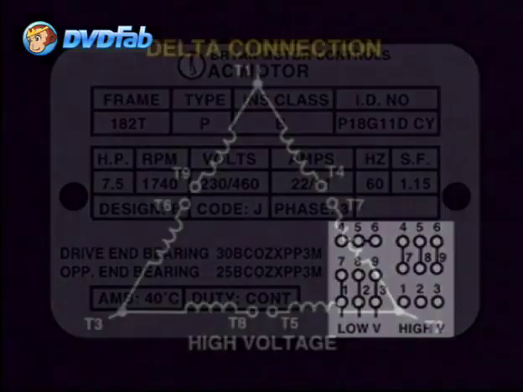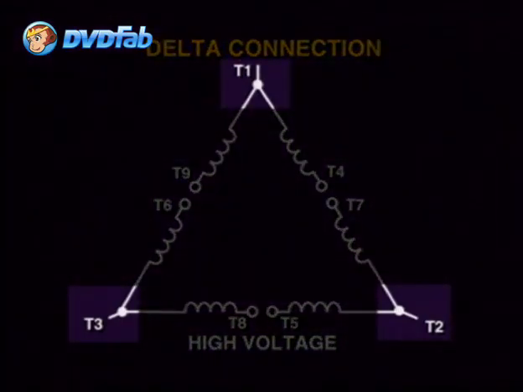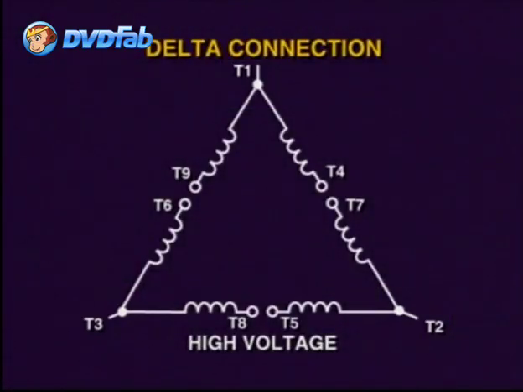As you can see, a motor nameplate may indicate 2 terminal configurations, one for the low voltage and one for the high voltage. The squirrel cage dual voltage delta wound motor has 9 terminal leads. This 9-lead delta motor configuration also represents the terminal in number order in a clockwise direction, starting at T1, T2, and so on to T9. For a full voltage configuration, we would connect the terminals like this, where the T1, T2, and T3 terminals are connected to the motor starter T1, T2, and T3 connections.